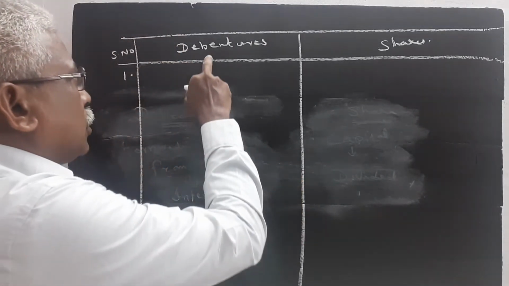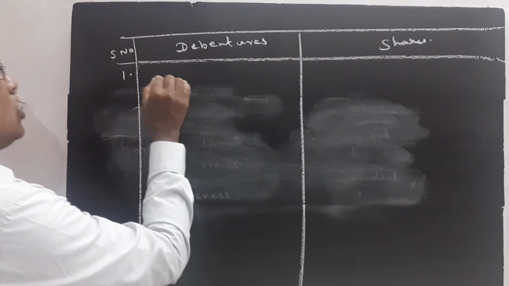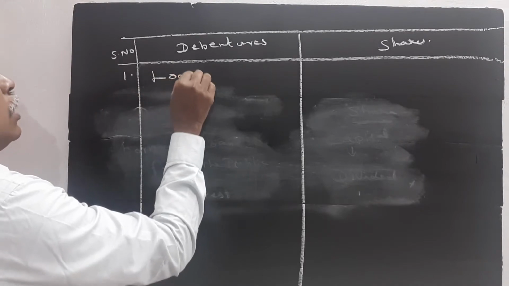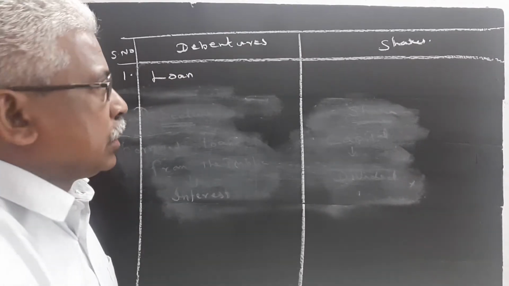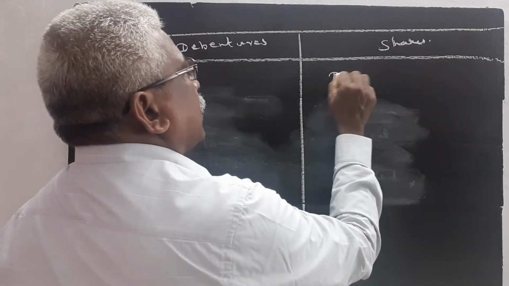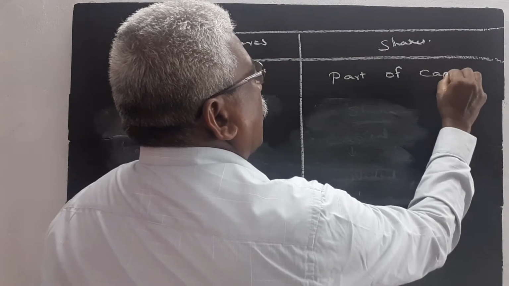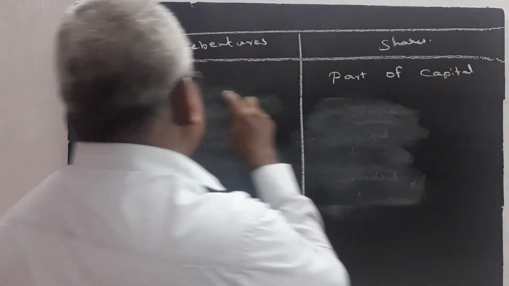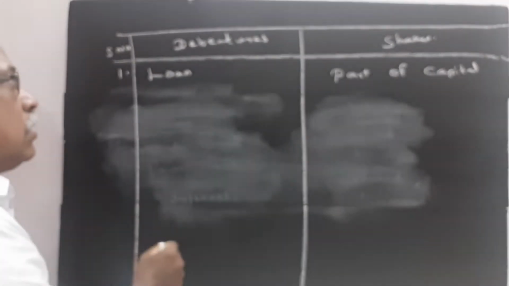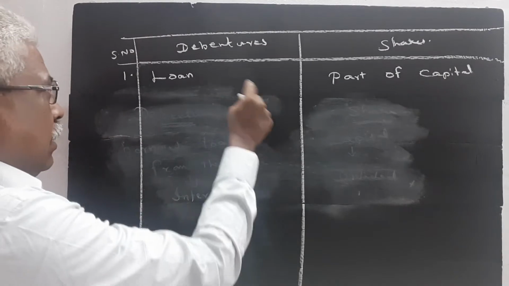Then the difference between debenture and share. The first point: debenture constitutes a loan, but share is a part of capital. Point number 1 is given in detail in our textbook. I just give the hints, and with the help of these hints, you have to develop the sentences.